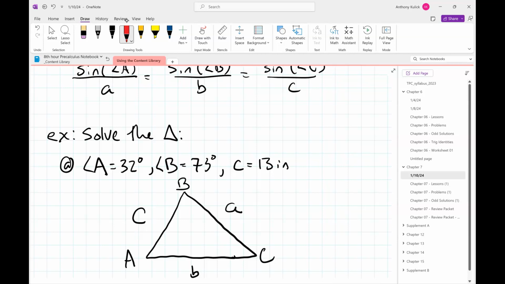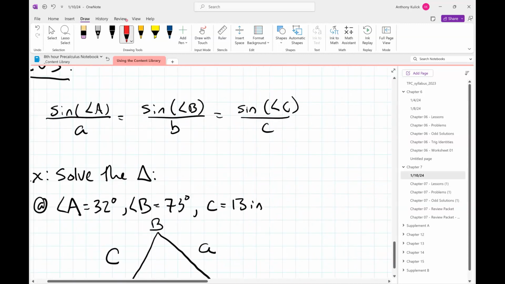Yes, so they can be specified either way, like line AB. The formula, though, uses this naming convention. That's why I'm making it a big deal to name it that way, because the formula names it that way.